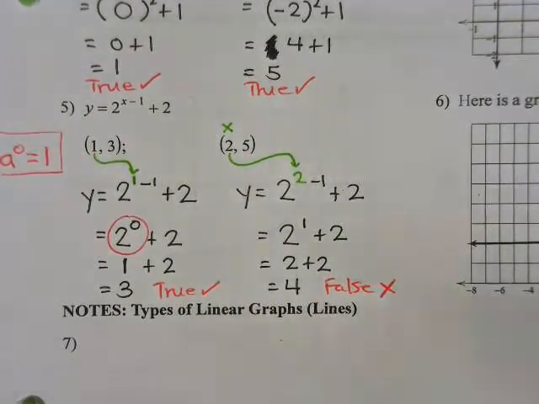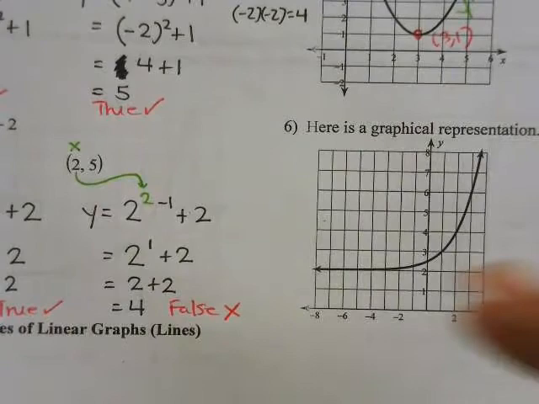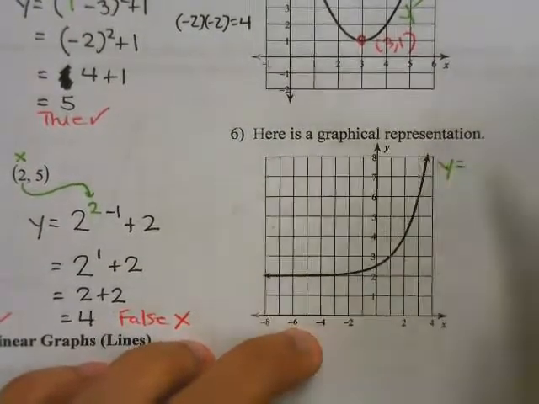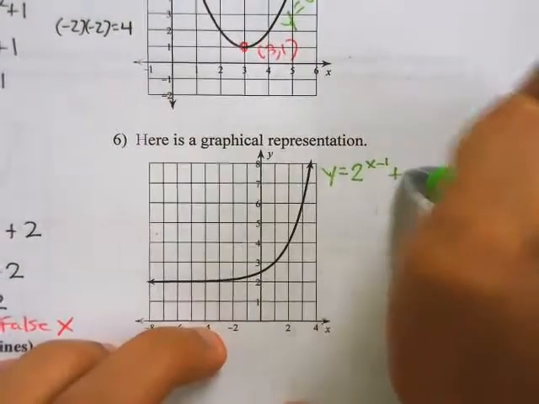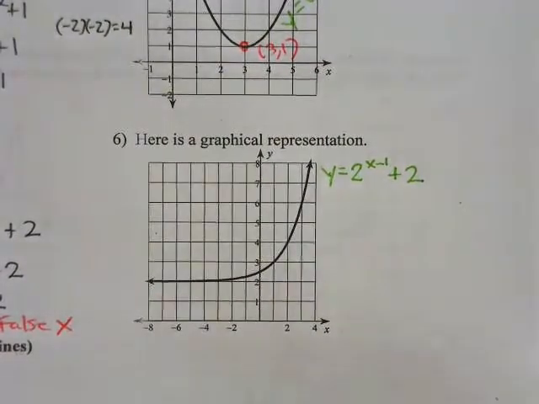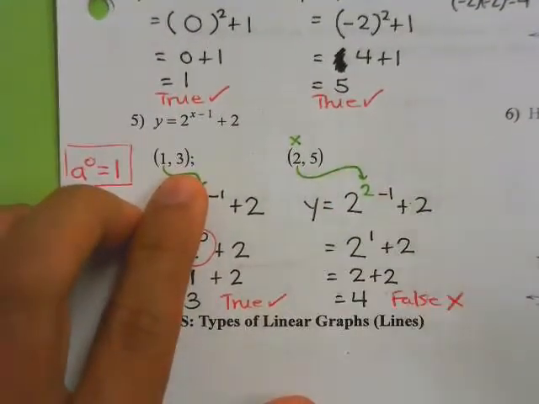All right, now we're going to use number 6 for a graphical representation of what is happening. So this is your y equals 2 to the x minus 1 plus 2. And now let's go graph some of those things, those 2 corner points.